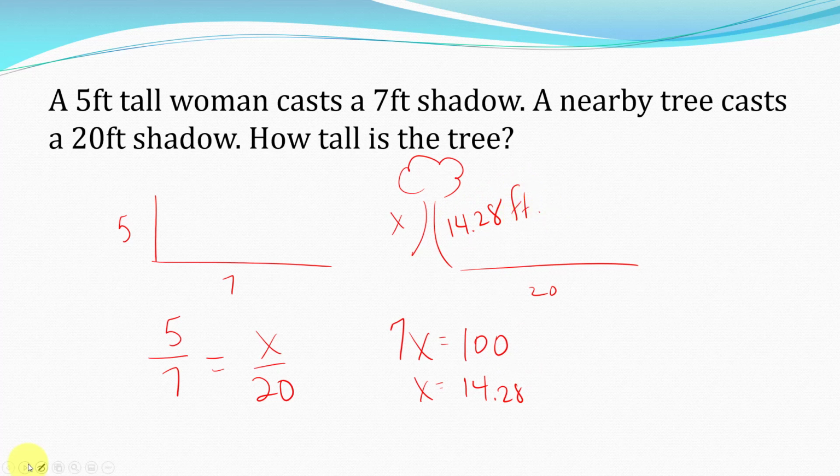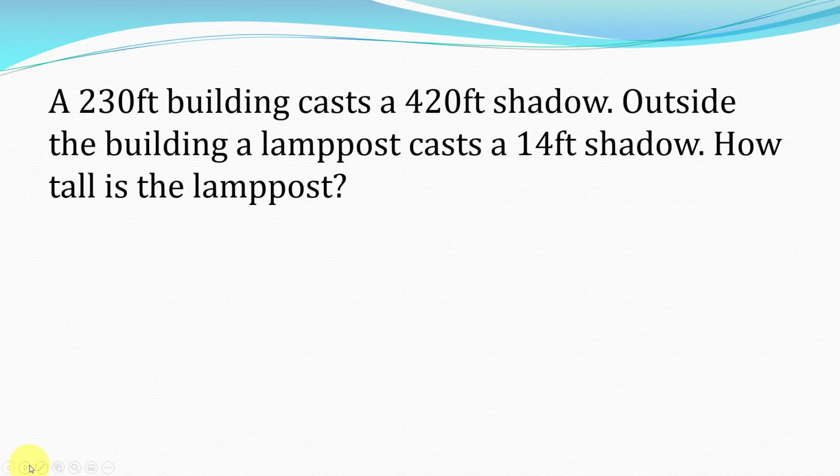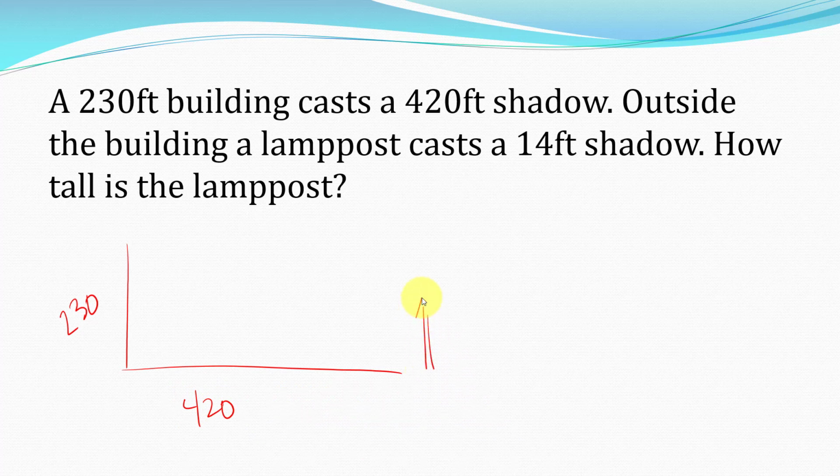Okay. Here's another example. Maybe pause this and see if you can do it. The building is 230 feet and it casts a 420-foot shadow. A lamppost casts a 14-foot shadow. How tall is the lamppost?